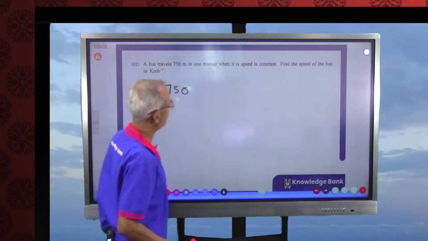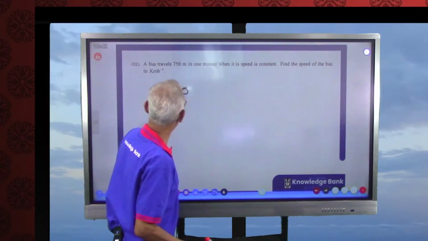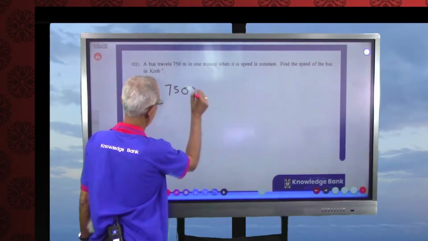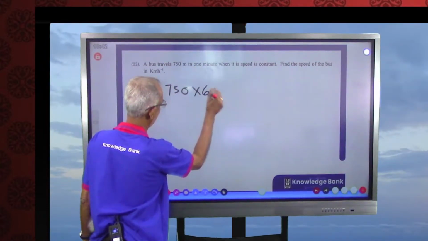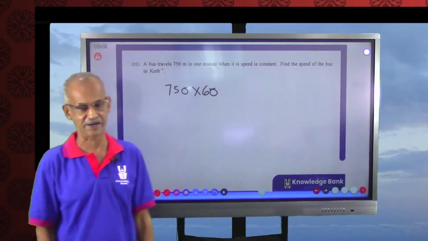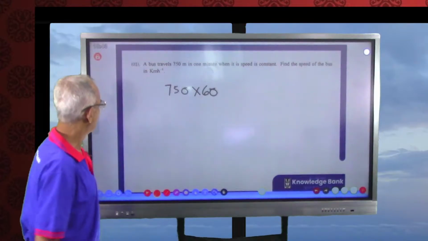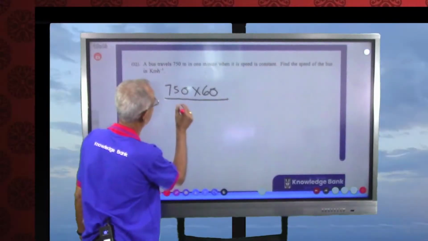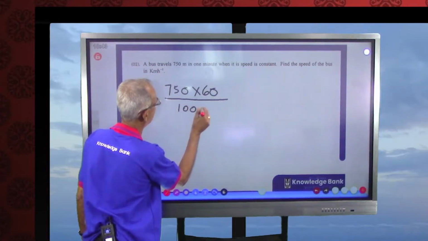We have to find the distance traveled in 1 hour. 60 minutes means 1 hour, so let's multiply this by 60. Then here you have the distance traveled in meters in 1 hour. Let's try to find this in kilometers, so we can divide this by 1000.